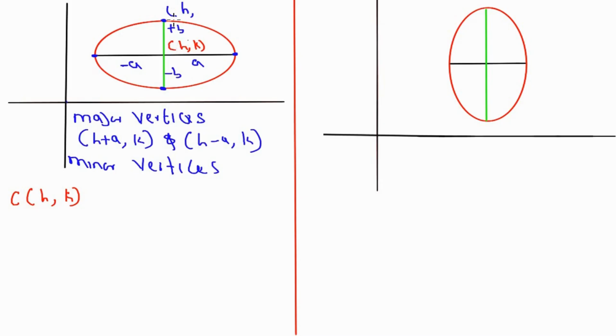Now, to get from year to year, we can add k with b, and that gives us k plus b. So the first coordinate for the minor vertices will be h, comma k plus b.